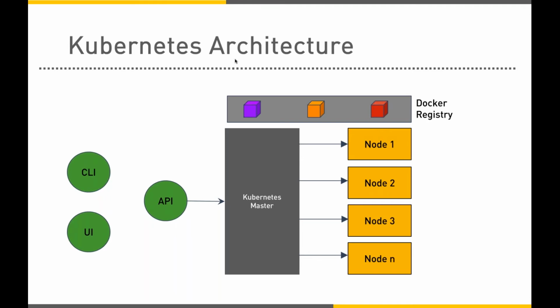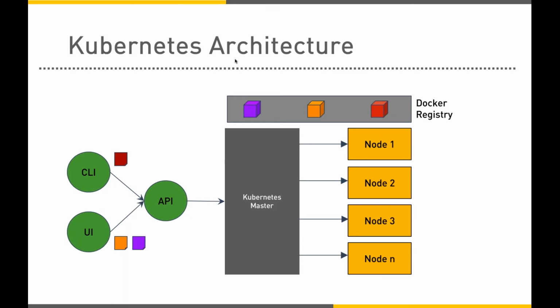Kubernetes comes with a nice dashboard, which is an add-on, but most of the distributions have this pre-installed. So the UI and the CLI will create a job definition, which is nothing but a manifest of your application. These color-coded icons that you see here are associated with a set of images running in the Docker registry.